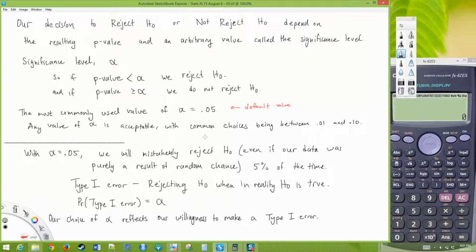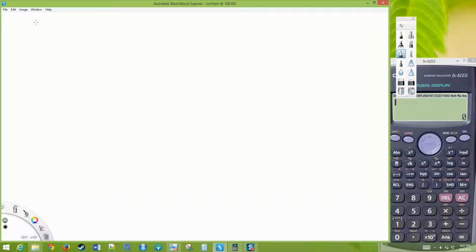It's not rejecting the null when the null is false. Okay, so I'm being nitpicky here, but we should never say we accept the null. Okay, and I'll explain that in a little bit. But yes, so type 2 error is just the flip side where our decision is not to reject the null, but the null is actually false.